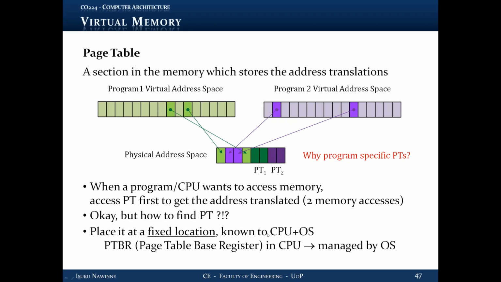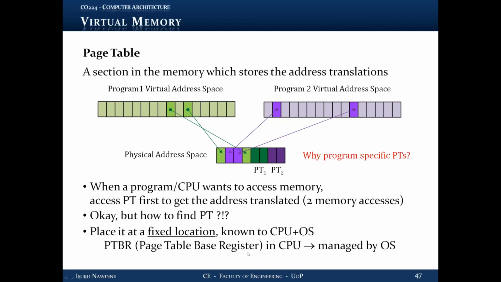And that location is known to the CPU and the operating system, or the combination of CPU and operating system. How that is known is we include a register in the CPU called page table base register, or PTBR.